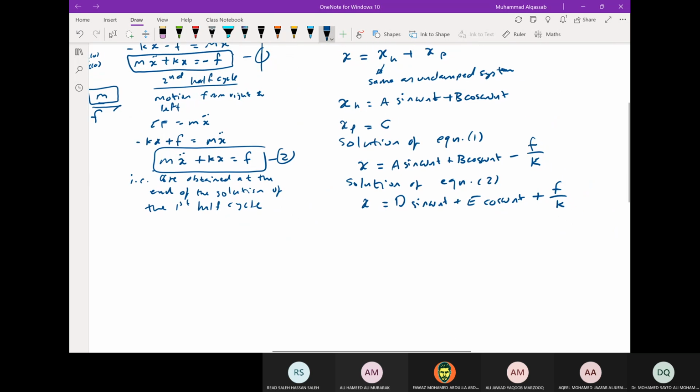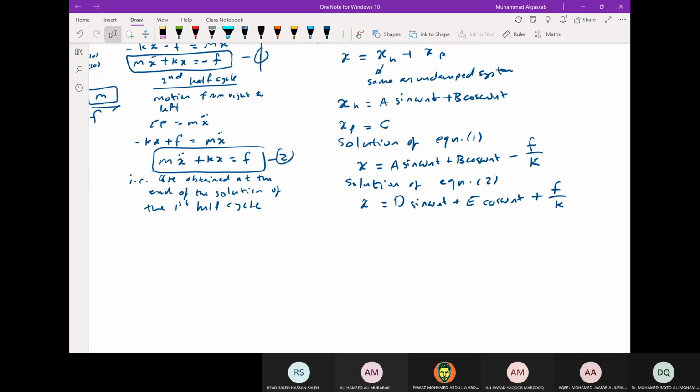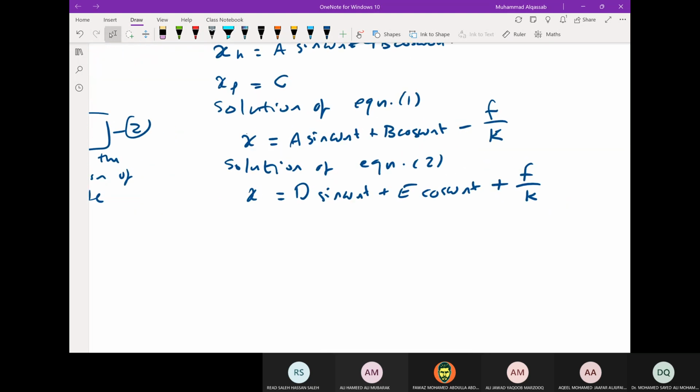Okay, so I'm not going to go through the final solution now, because those two equations are for one cycle only. You can use the first from 0 to tau over 2, and the second equation from tau over 2 to tau. Usually the solution is the response, which means x with time.